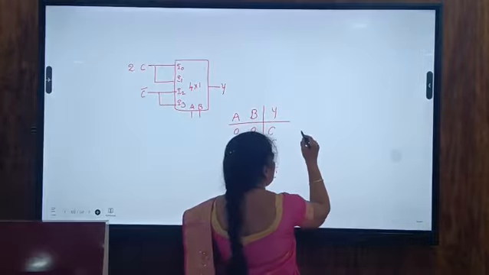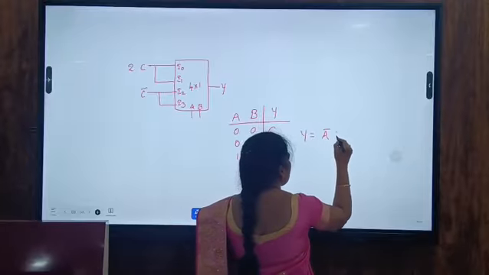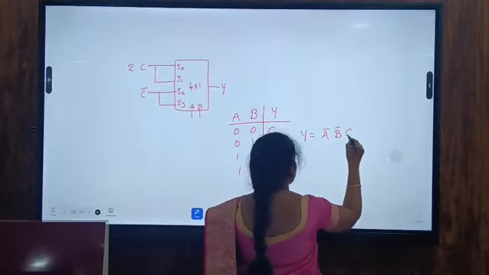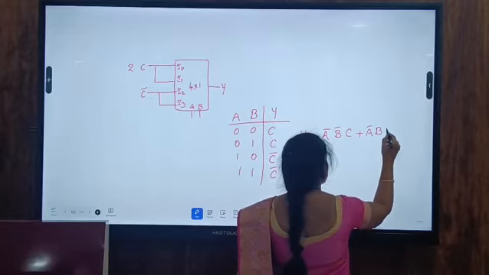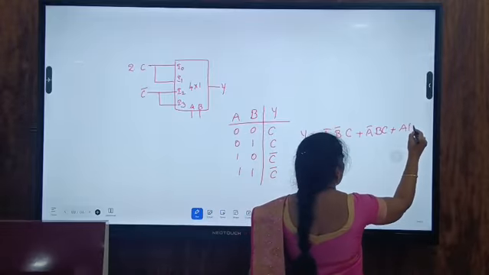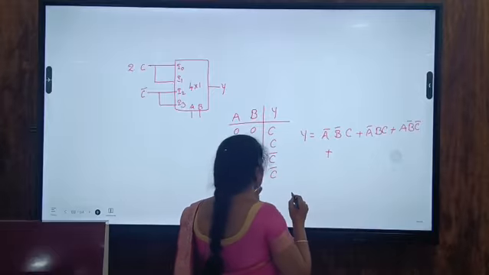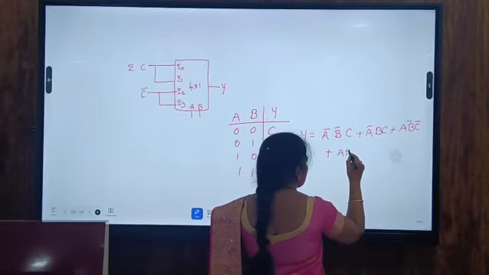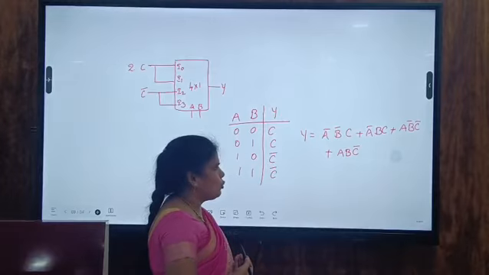So Y is equal to, for 00, A bar B bar C, and the next one is A bar B C, plus A B bar C bar, and the last term is A B C bar. Okay, so this is the expression from the truth table.